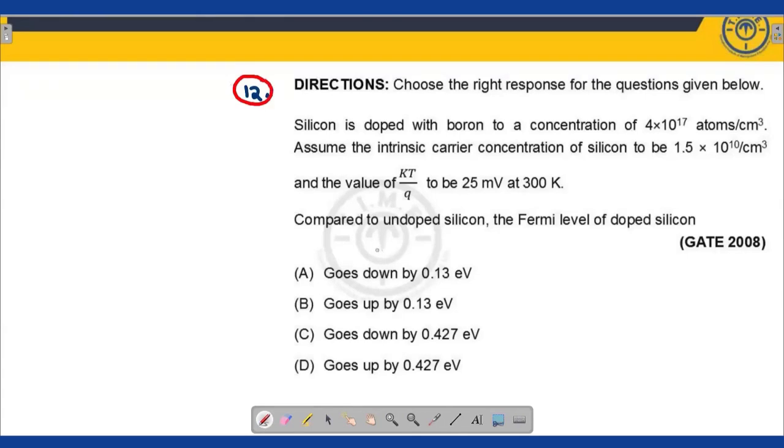Now, my dear friends, this time he is asking the question in a different format, which is very, very important here.